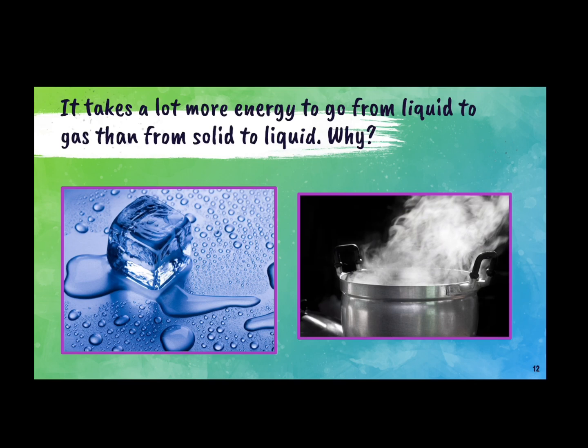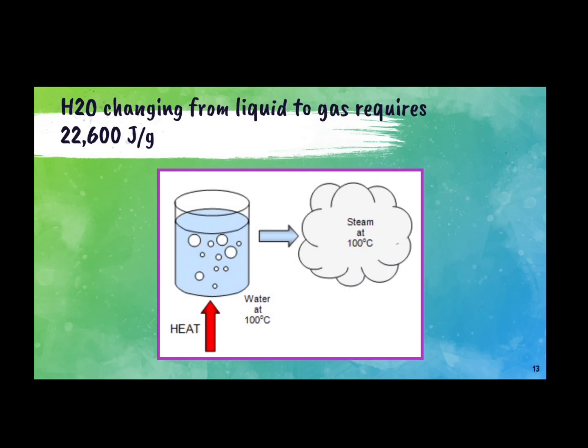It takes a lot more energy to go from a liquid to a gas than from a solid to a liquid. Why? Here I have water changing from liquid to gas, and it requires 22,600 joules per gram.